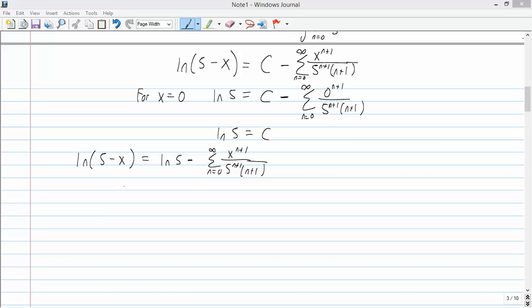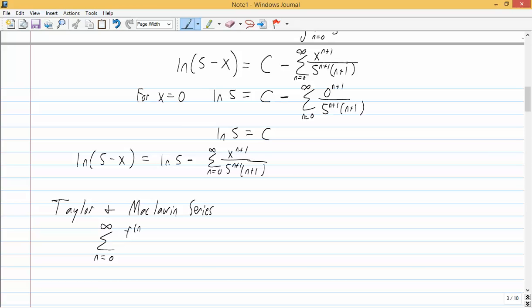For Taylor and Maclaurin series, we follow the formula: summation n equals 0 to infinity of the nth derivative evaluated at c, over n factorial, times x minus c to the n.